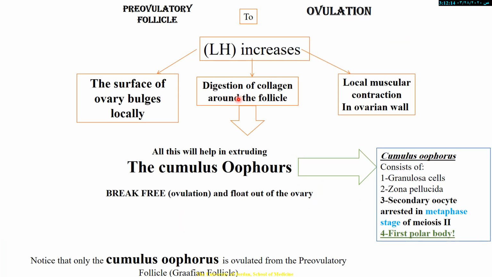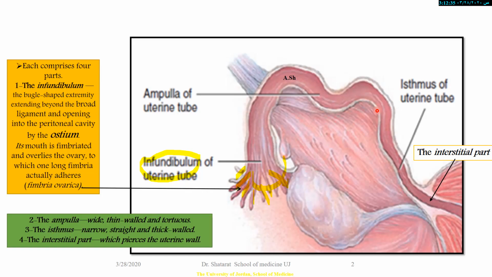Digestion of collagen around the follicle, the part of this wall that surrounds the follicle would be destroyed by enzymes, and then local muscular contraction on the ovarian wall would take place. So we are talking about this area here.